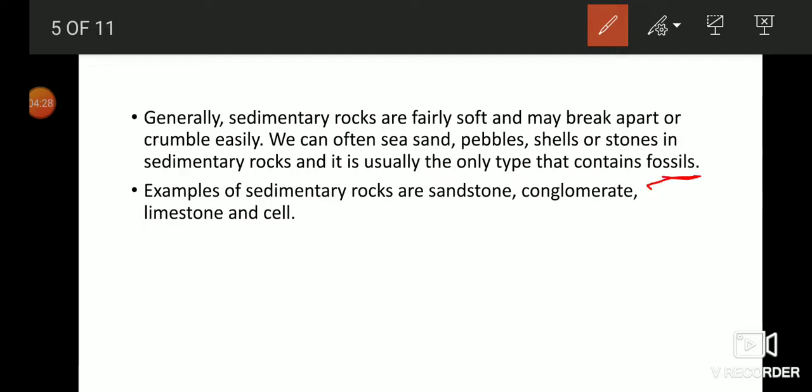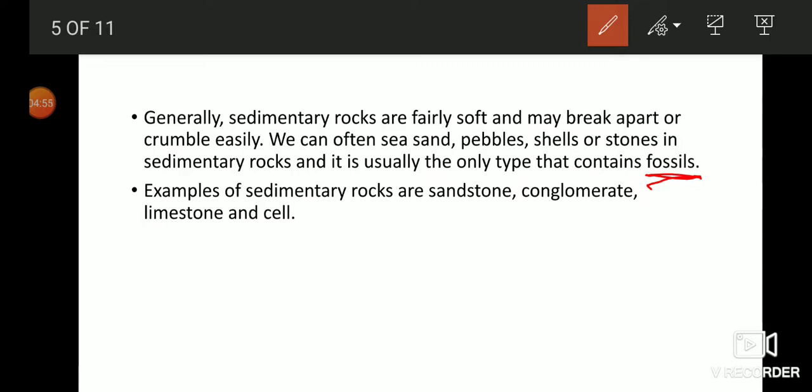So what are fossils? Fossils are the preserved remains of plants and animals trapped in the rock. So what is the meaning of preserved remains? Preserved remains means the body parts or the remains of plants and animals that have not decayed. Like in humus we learned that the decayed part of plants and animals is called humus.